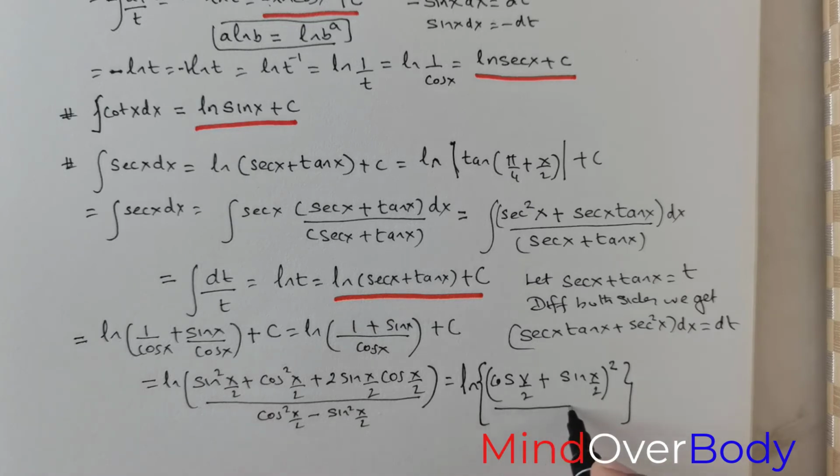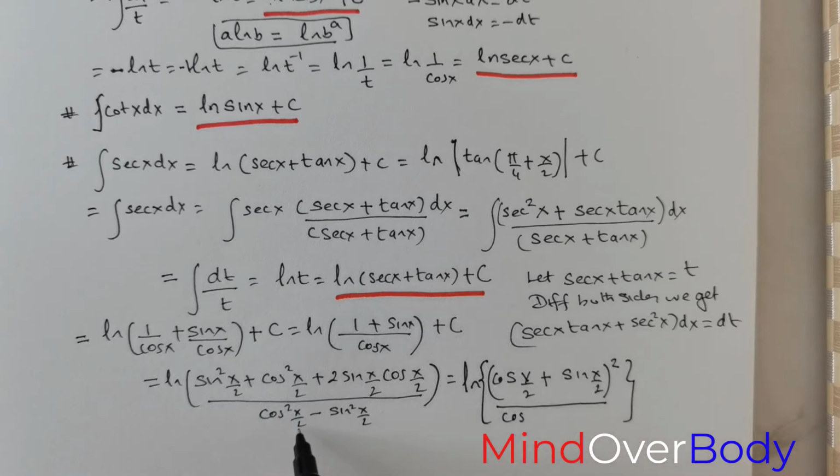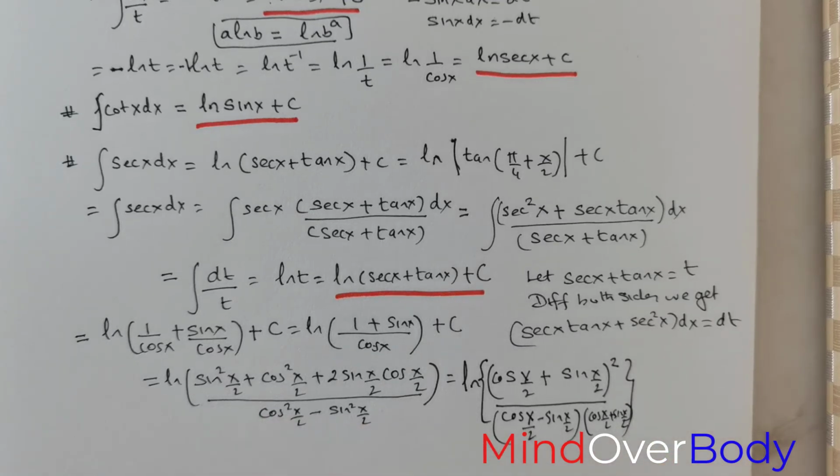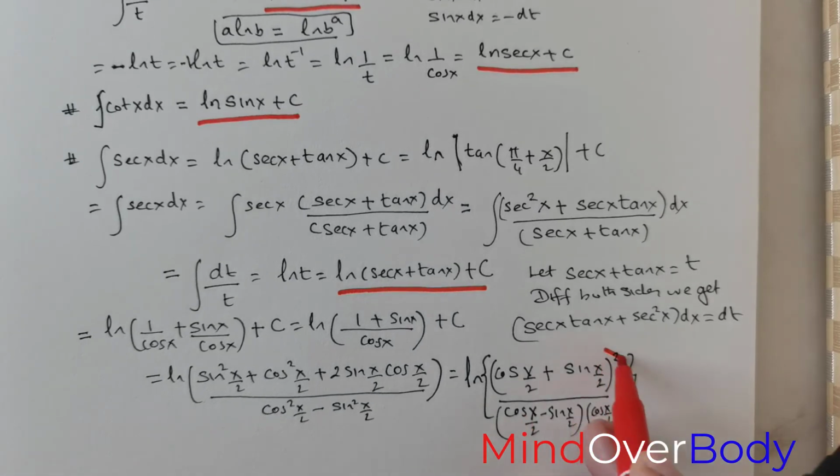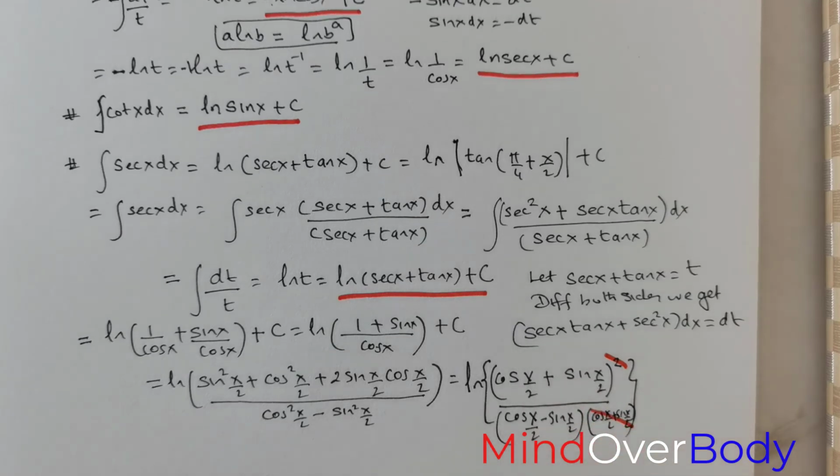Now this is divided by cos squared x/2 minus sin squared x/2. Is it okay if I write this as (cos x/2 minus sin x/2) times (cos x/2 plus sin x/2)? Can I write this? Because this is the form a squared minus b squared. So clearly one of the (cos x/2 + sin x/2) factors can be cancelled with the other.